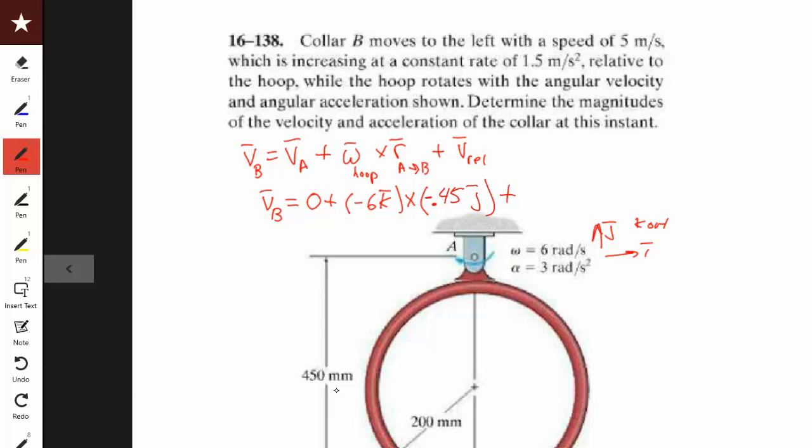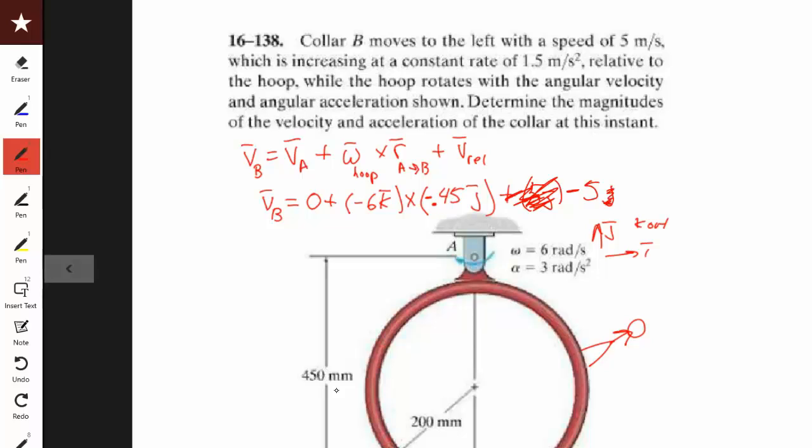Okay, so now you pretend like you're standing here. And so you don't see the hoop moving. The only thing that you see is the collar B is moving. It looks like it's going to go clockwise to me. And they say that it has a speed of 5. So I'd say, okay, well, then I see it going a distance 5. In what direction is it headed? Oh, it's headed to the left. So this would be plus V rel. That V rel is a negative 5, it's going left.